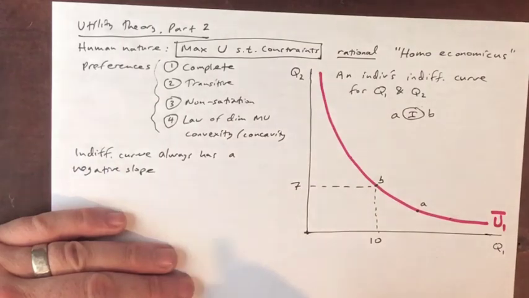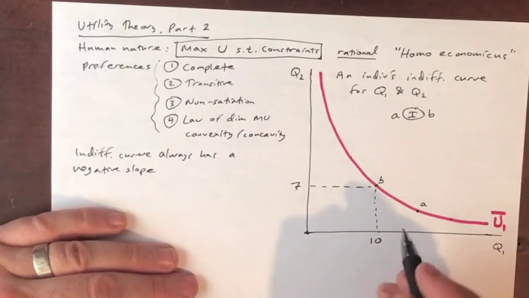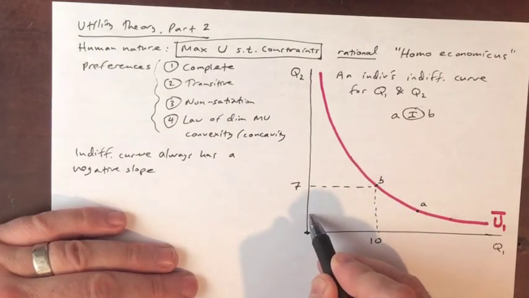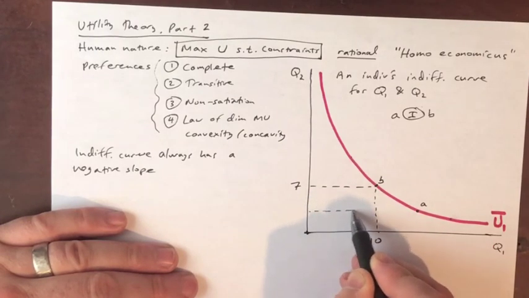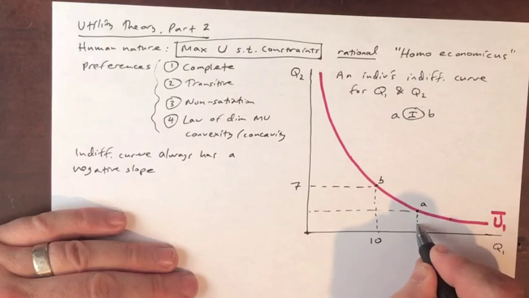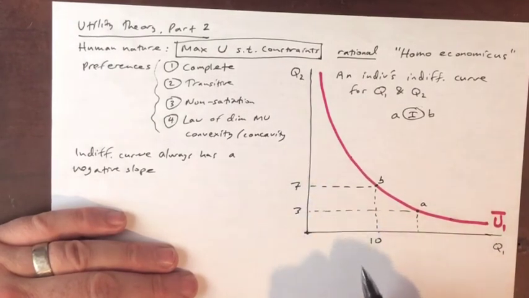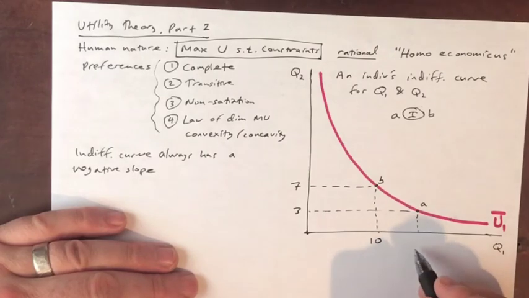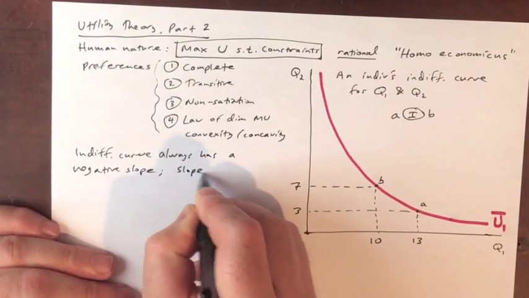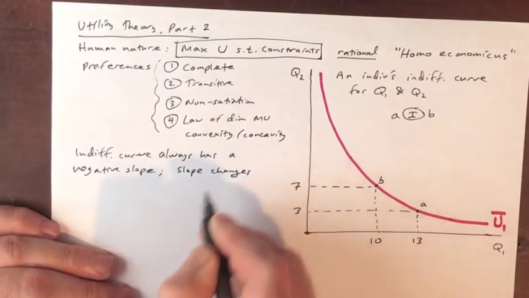Okay, we can also infer from this, right? So again, let's compare this to point A. Point A, let's say, is like this. We've got 3 of good 2 and we've got 13. But the slope changes along the curve, right?